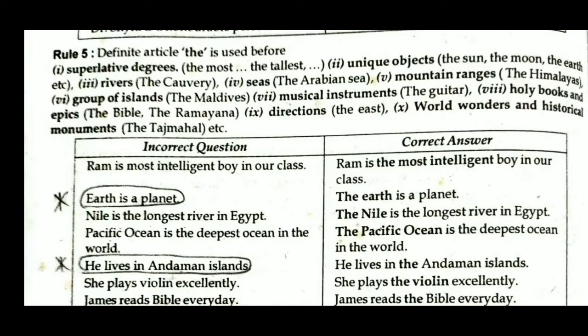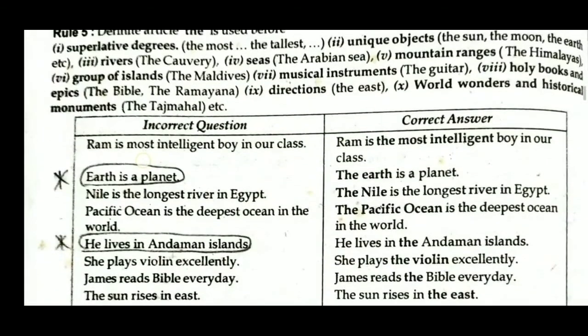It is used for unique objects, which are very special, one in the world: the sun, the moon, the earth. Before rivers we have to use the: the Kaveri, the Yamuna.